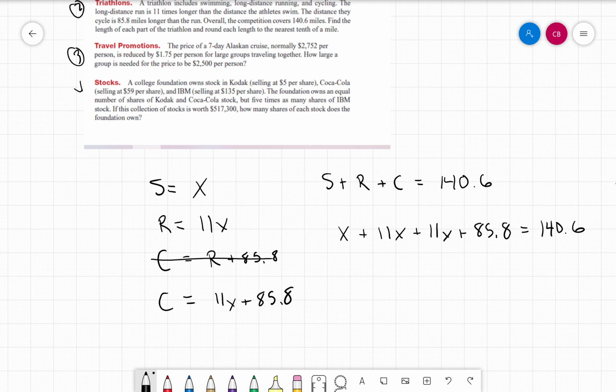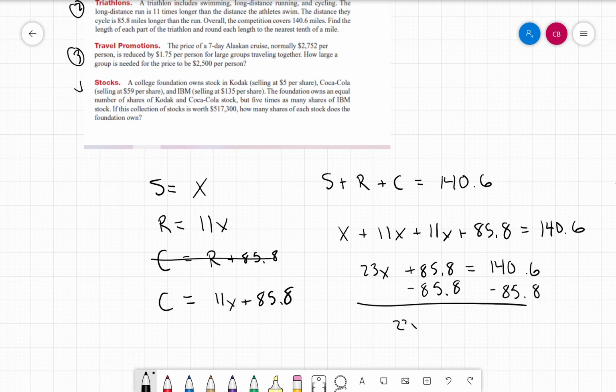This is 22x, this is 23x plus 85.8 is equal to 140.6. Subtract 85.8. This is 23x. I'm going to do this with the calculator just to speed this up. So we have 140.6 minus 85.8.